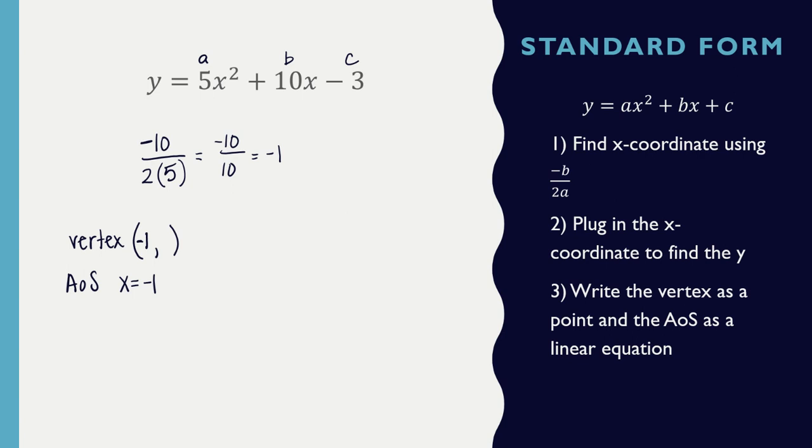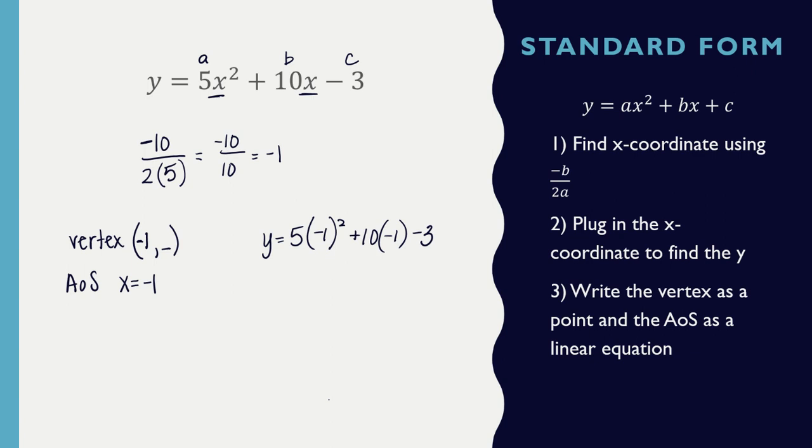Now, how do we find the y-coordinate, this spot that I have open here? We're going to take our x value, -1, and plug it back into the equation for the x's, and solve to see what y is. So we know that y = 5(-1)² + 10(-1) - 3.